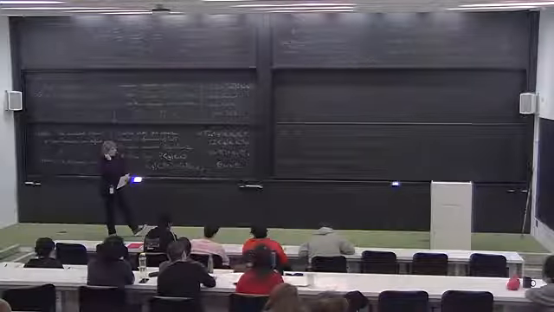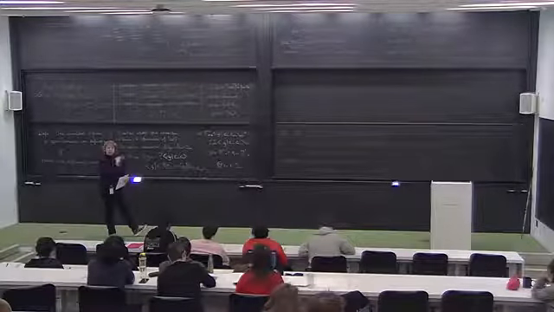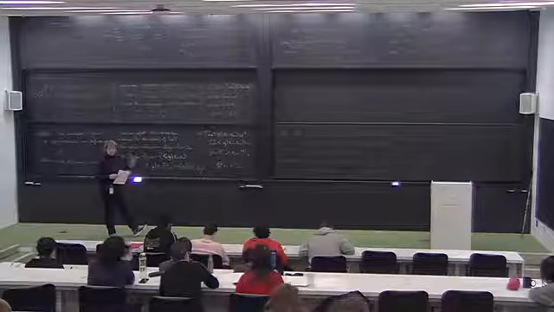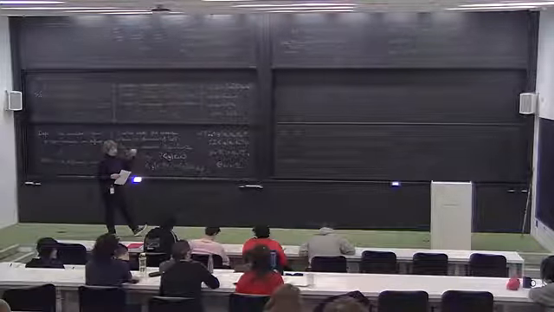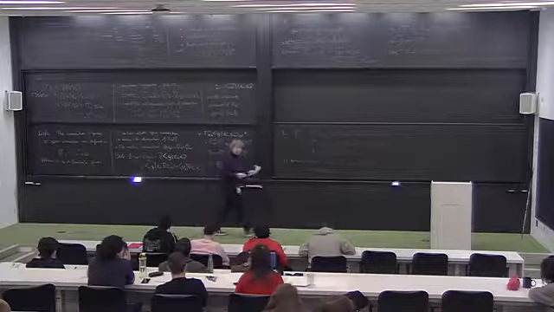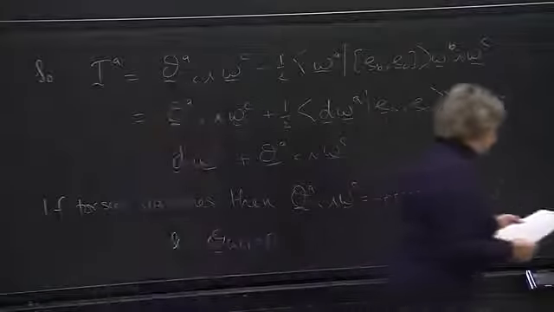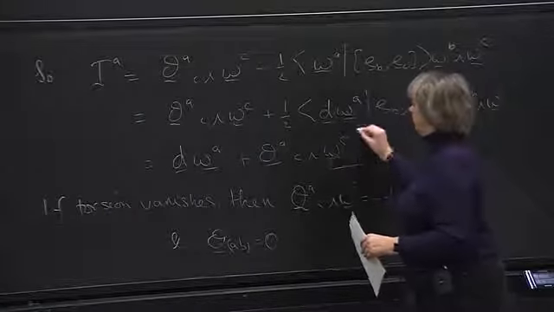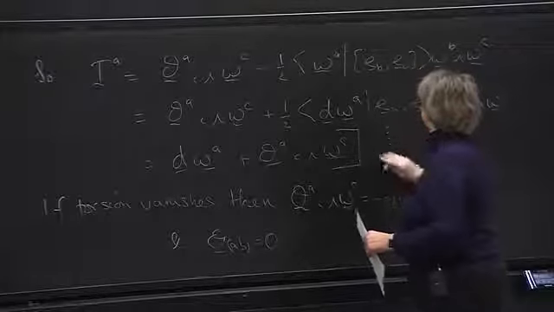So I've now got a set of rules to find that matrix of 1 forms, theta^A_C. I know it's antisymmetric if I lower the A index, and I just take the derivative of the basis to get the non-trivial components. So this is Cartan's first structural equation.